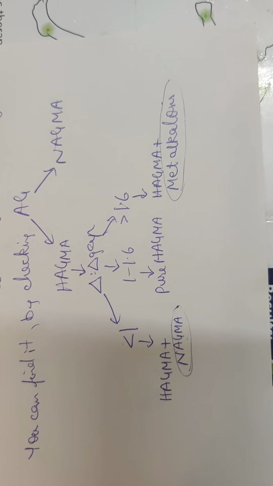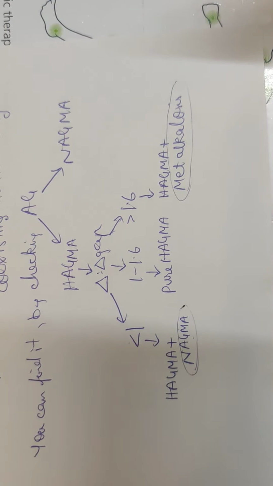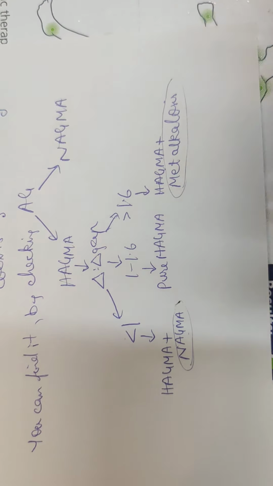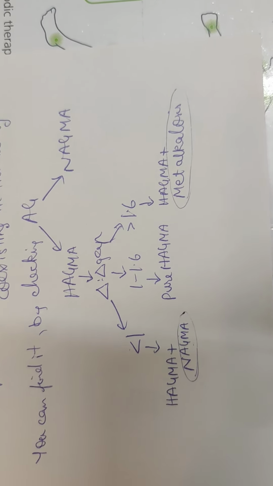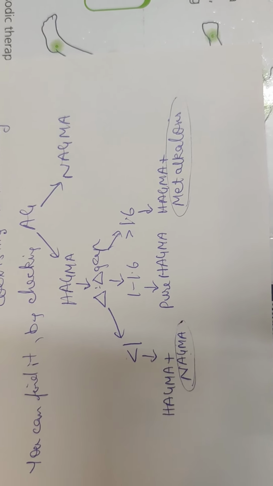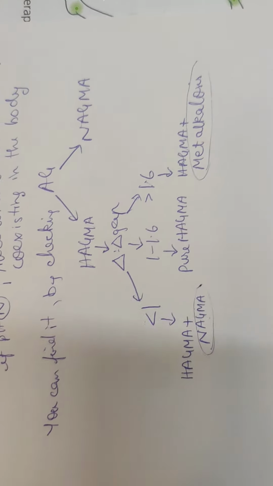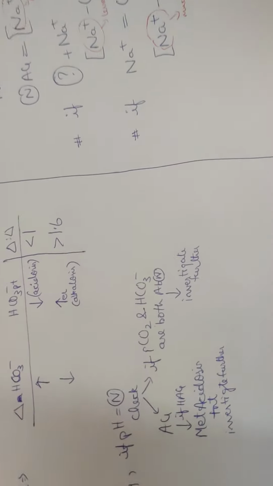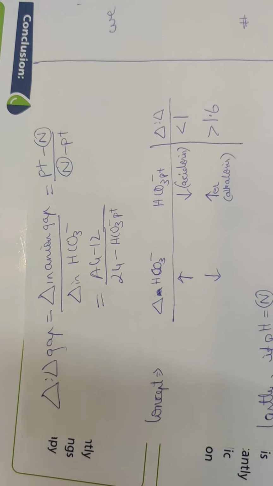If the delta gap is 1 to 1.6, we say that the patient has only a pure high anion gap metabolic acidosis. But if the delta gap is more than 1.6, we say that the patient has HAGMA plus a metabolic alkalosis. I'll just explain why these values turn up.